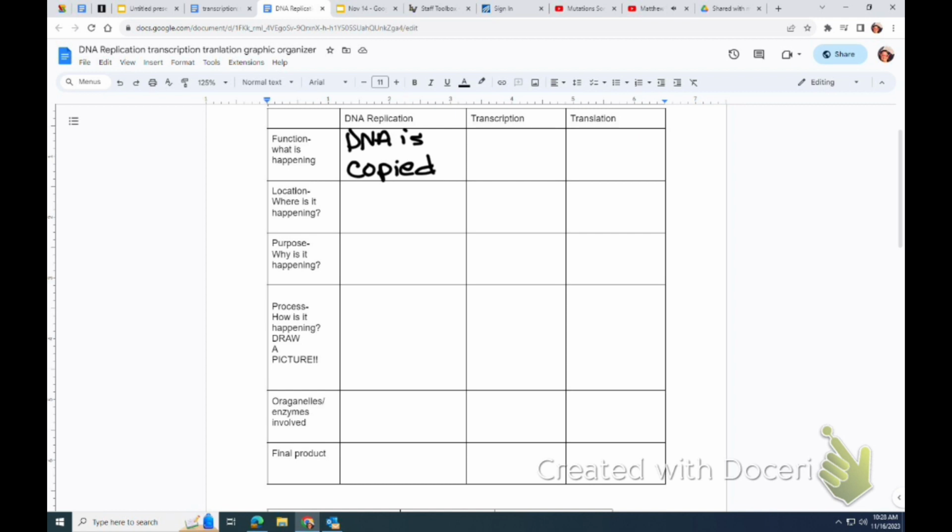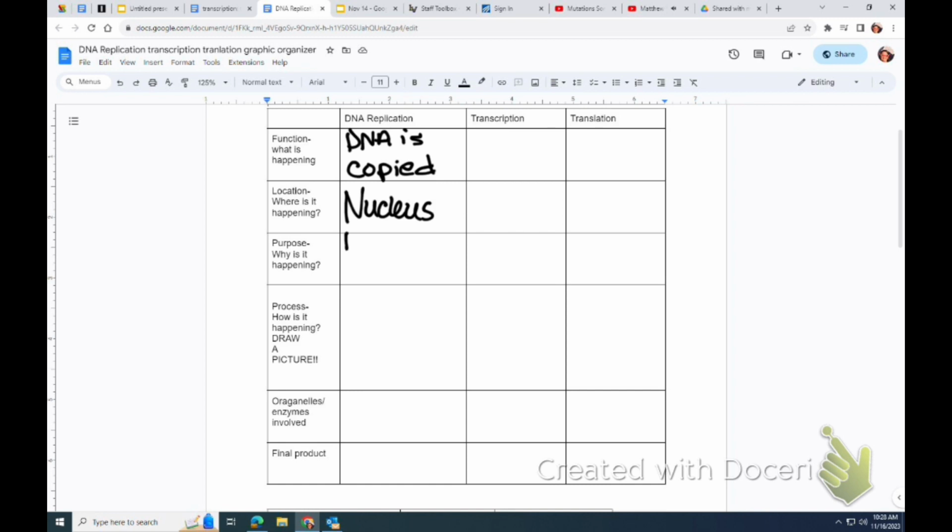This is happening in the nucleus. And the purpose of this is to make sure that identical cells are made in mitosis.